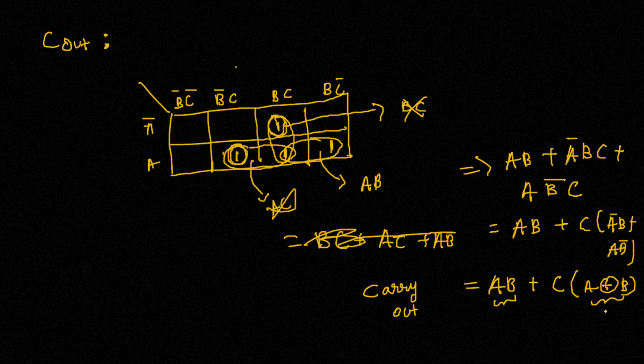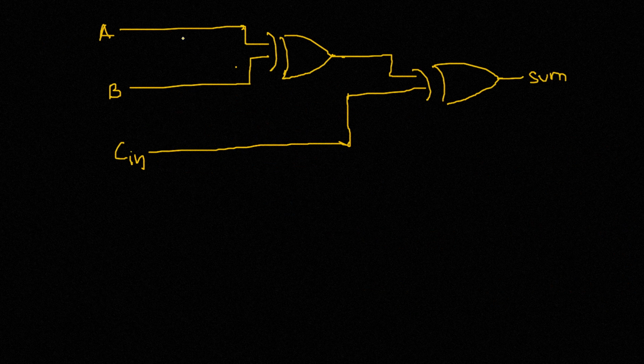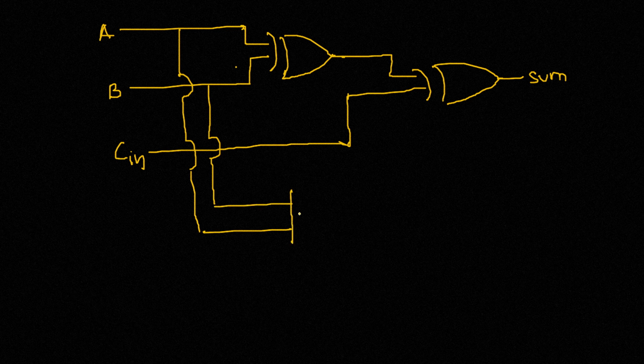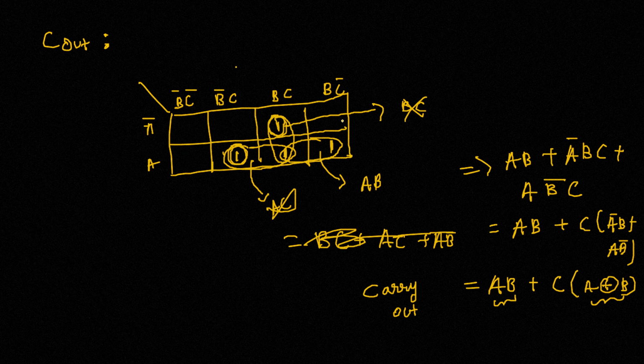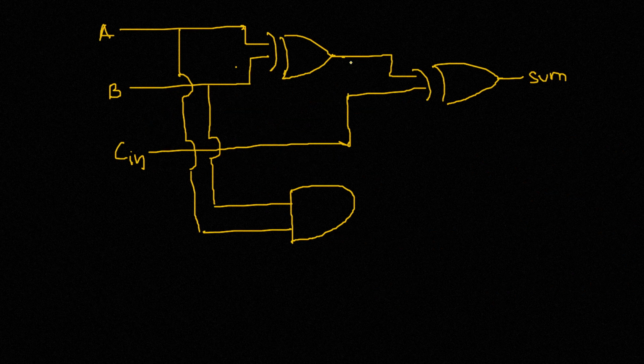So let's do that. So A and B are both taken in an AND gate. Then we have A XOR B that is taken in an AND gate with C input.